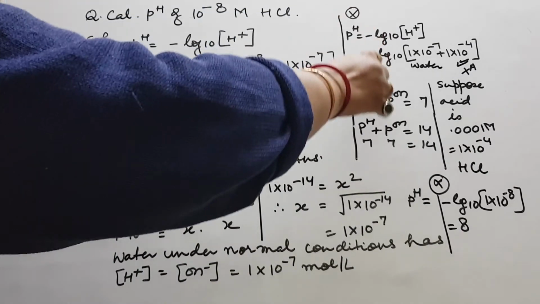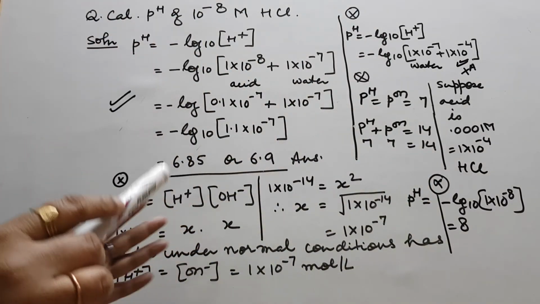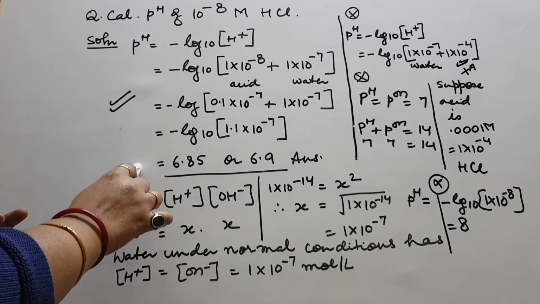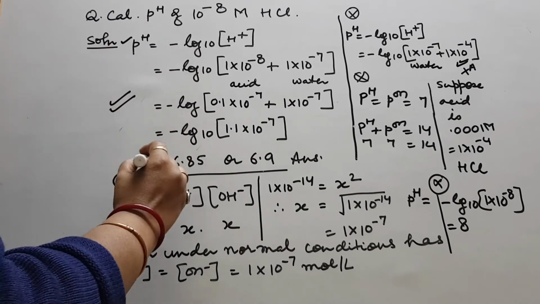I have put these crosses because they were not a part of your solution of this question. That was only this much from here to here. This step starts from here, the formula, and ends here, the answer.